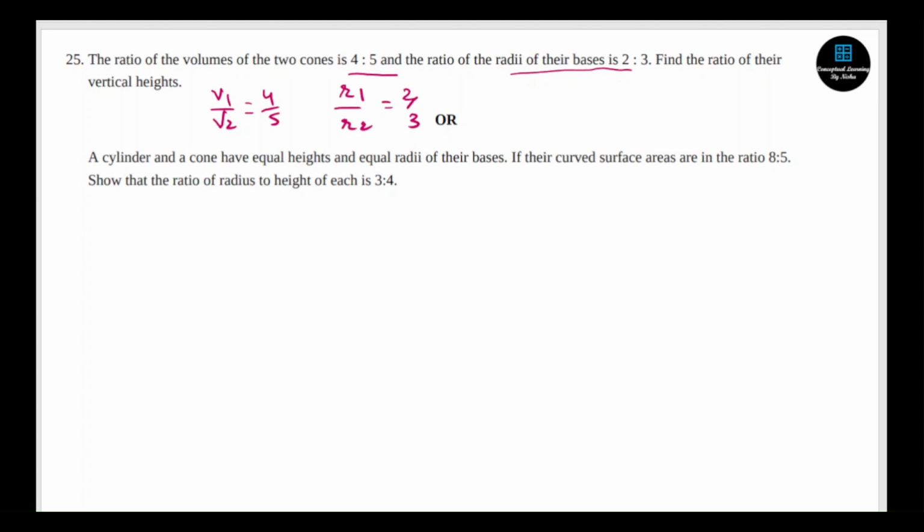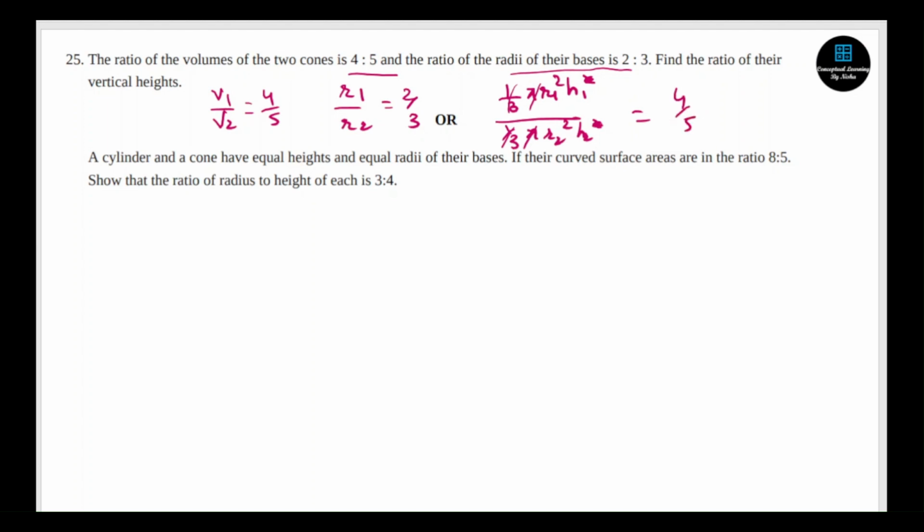Now volume. So V1 is 1 upon 3 pi R1 square H1, and V2 is 1 upon 3 pi R2 square H2, just pi R square H. So what do we get? This 1 upon 3 pi cancels out, and I have this ratio, which is 4 to 5.